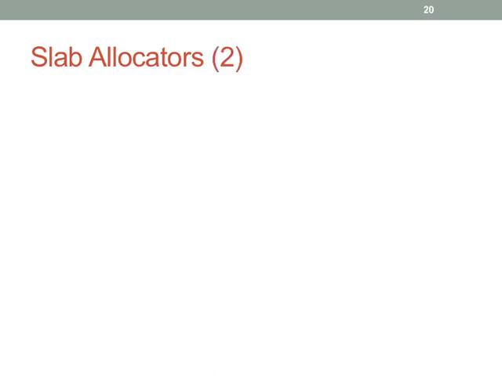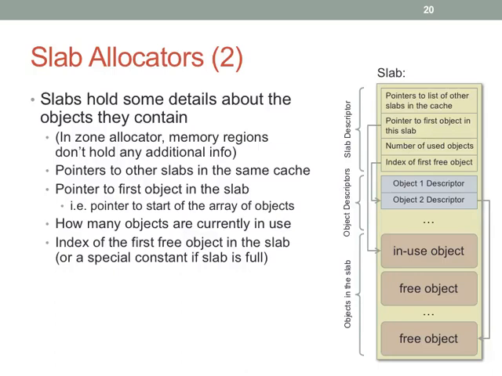Okay, so to talk about this, here is a somewhat helpful picture of what's going on inside. And so you can see that there's slab level details at the top. You have a pointer to the list of the other slabs in the cache, so I need to be able to string together the slabs in case a particular slab is full. Now you'll notice another important detail is that a slab will be potentially empty, potentially partially full, potentially completely full.